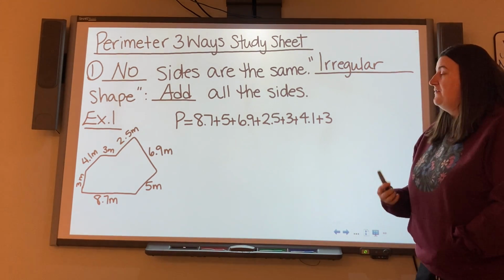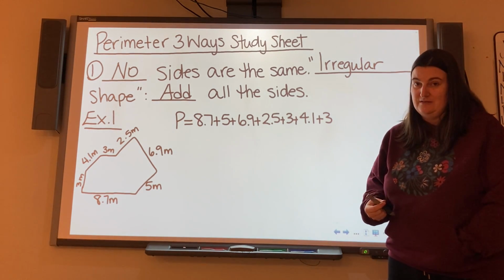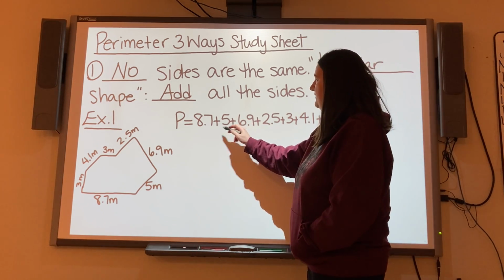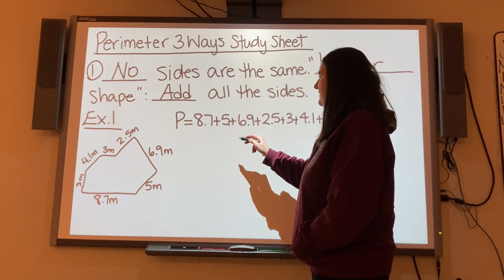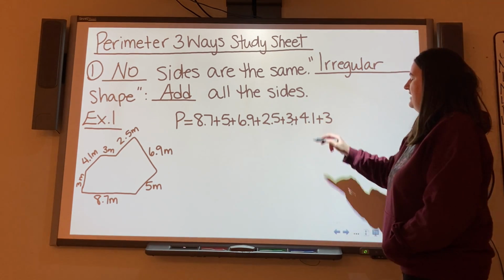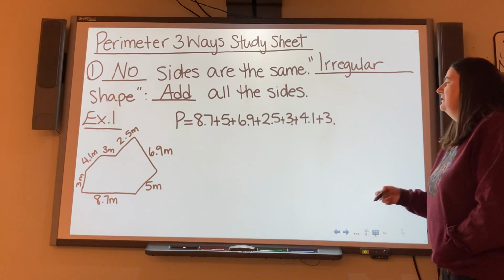So the first thing I want to do is put decimals where there's no decimals. When you're adding, you line up the decimals. So this one has one, this one doesn't. This one has one, this one has one, this one doesn't. This one has one, this one doesn't. Now they all have decimals.